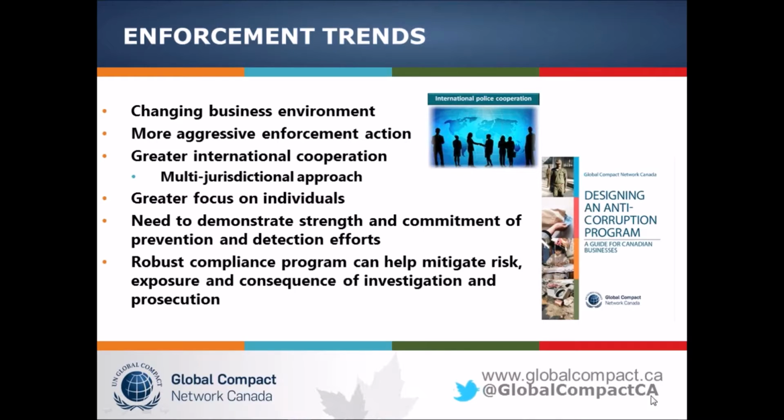And if you look at it from a global perspective, the business environment around the world has changed dramatically. If you simply look at the headlines from FIFA, Panama Papers, Petrobras, and others, you have a plethora of headlines that outline the fact that more and more companies are being caught in the web of corruption because there's much more enforcement.